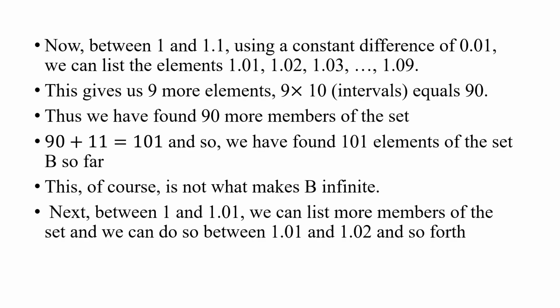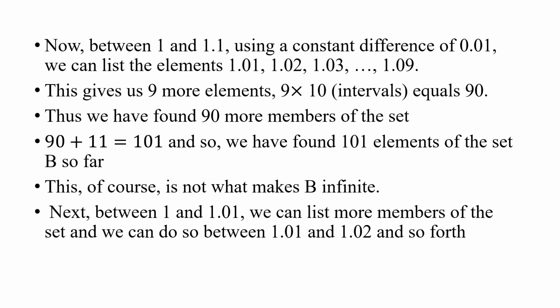Now, between 1 and 1.1, using a constant difference of 0.01, we can list the elements 1.01, 1.02, 1.03, in that manner till we get to 1.09. This gives us 9 more elements, but we have 10 of such intervals in the previous list, and so 9 times 10 equals 90.